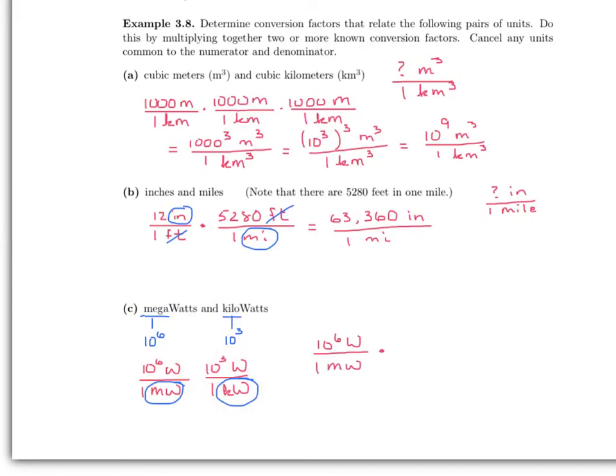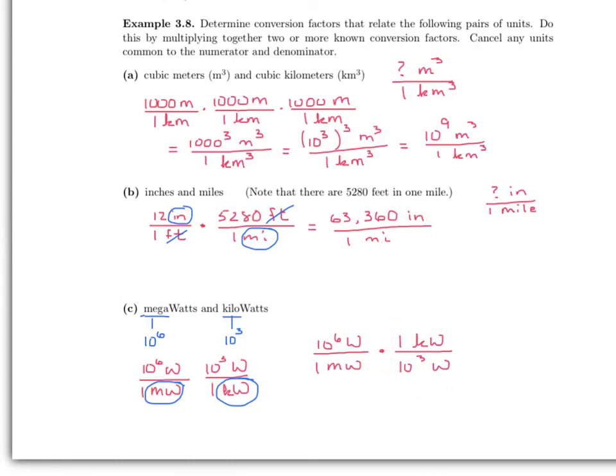So I'm going to multiply by 1 kilowatt over 10 to the third watts. Now, why would I multiply by the reciprocal of our conversion factor?